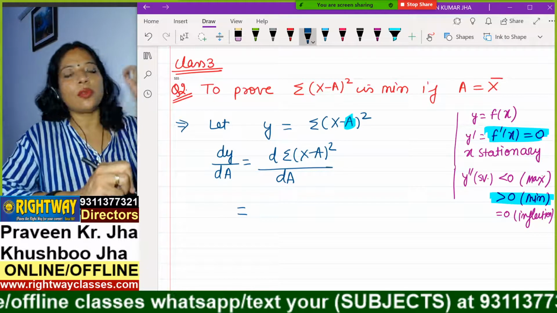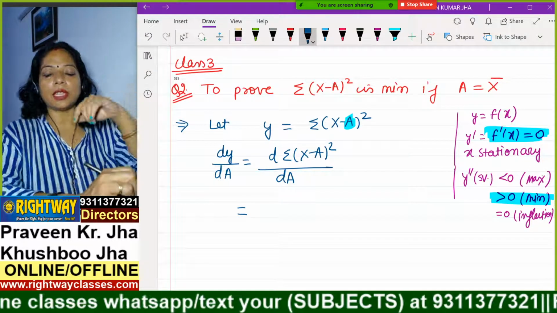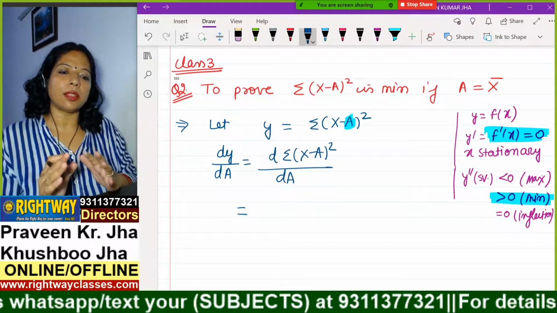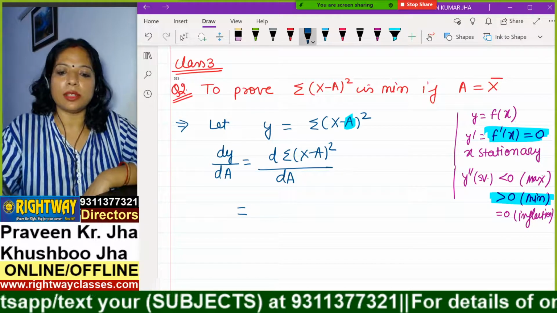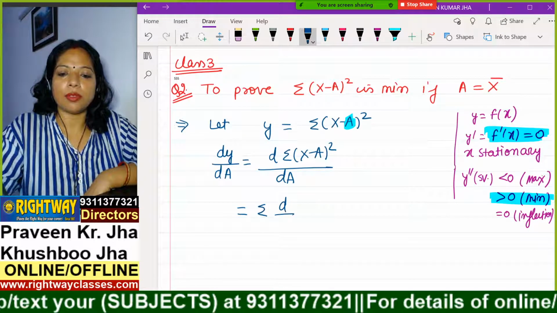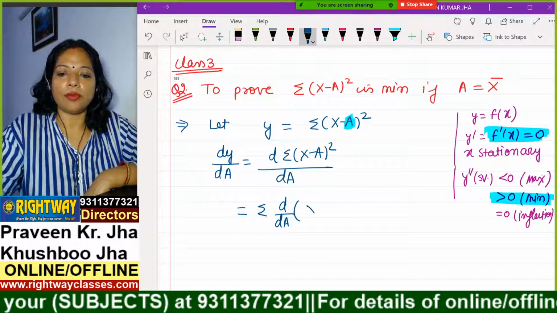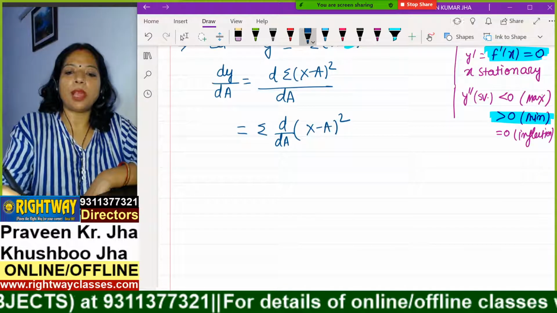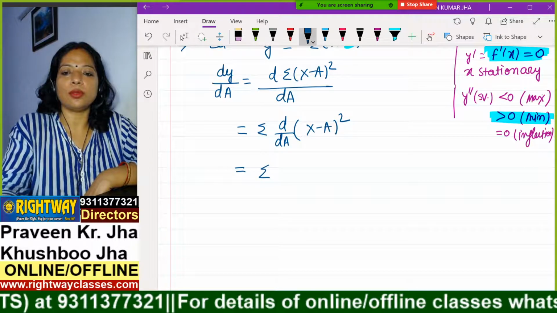There is one rule of differentiation that we can take d by dA inside the summation. If the summation is there, we can take the summation outside, and this will be d by dA of (x minus a) whole square. And if you remember how to differentiate, we can do this.